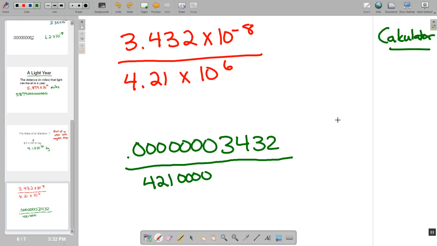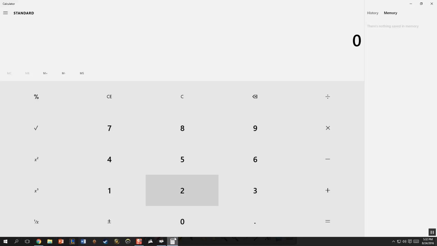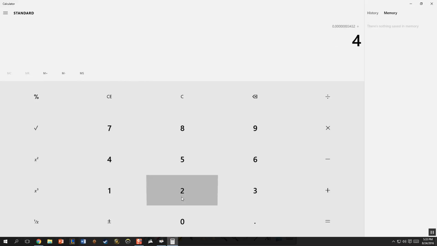Once I have this, I am going to pull up a calculator, and we are going to type out what we just had on a calculator, which is, the first number is 7 zeros. So 1, 2, 3, 4, 5, 6, 7, and then 3, 4, 3, 2. And our second number will be 421 with 4 zeros.